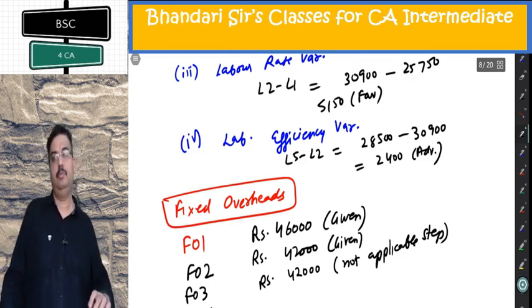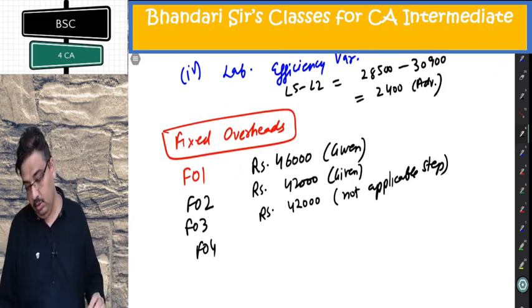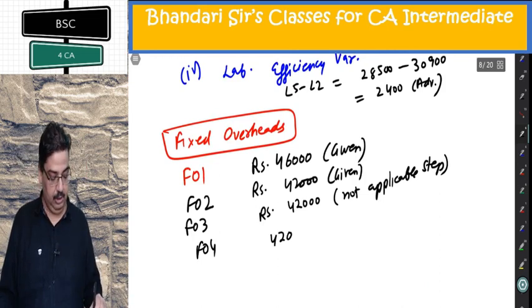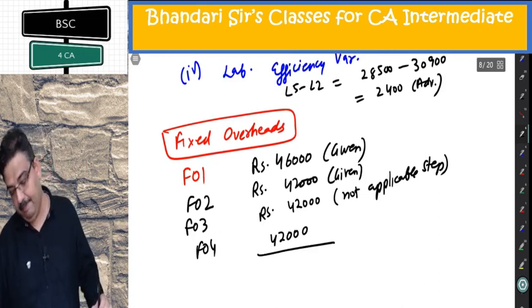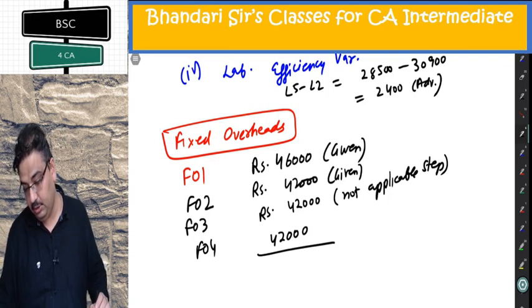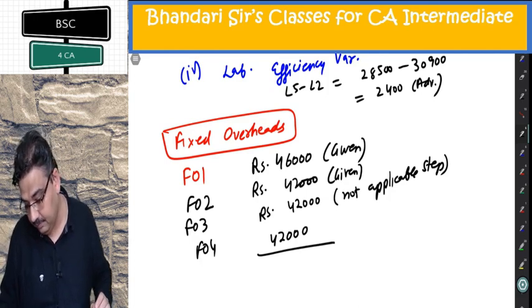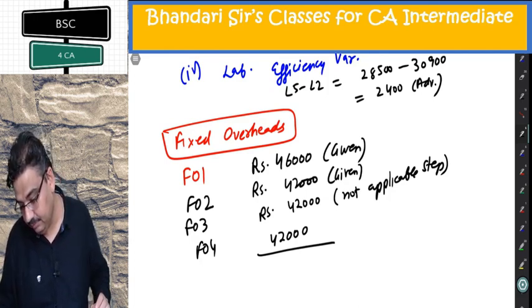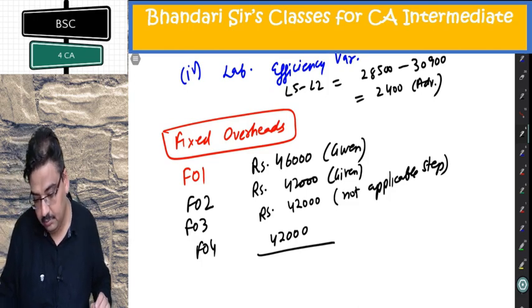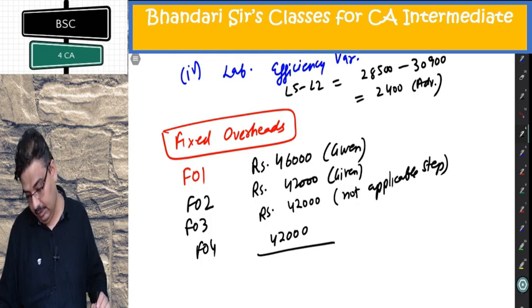FO4, based on hours we are going to do the absorption. So budgeted fixed overheads 42,000 divide by budgeted hours. Budgeted hours how much? Budgeted units should be given to you somewhere. How many units did they budget? 2.5 hours per unit is okay.